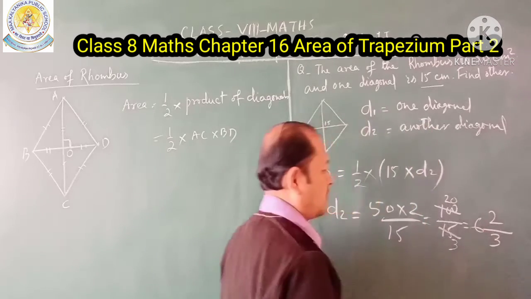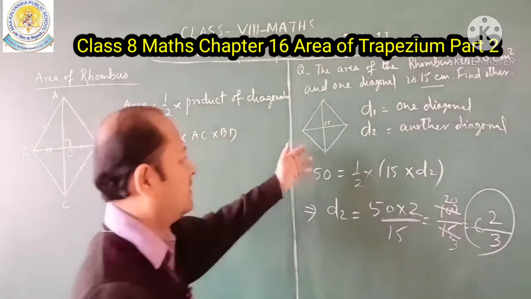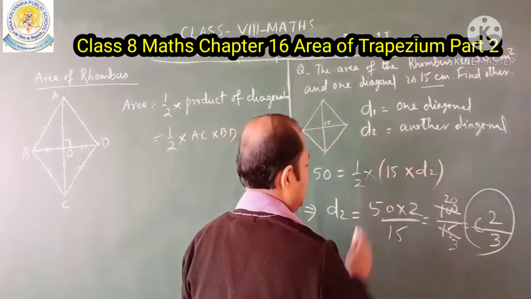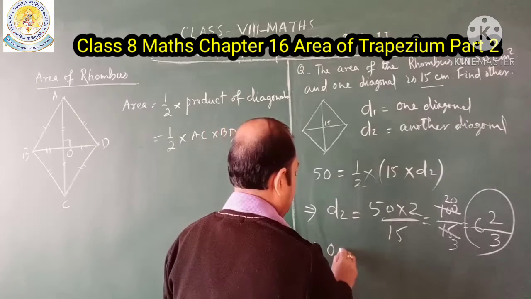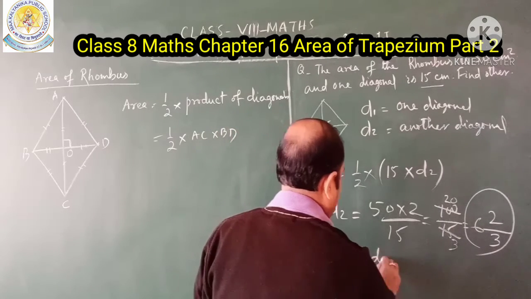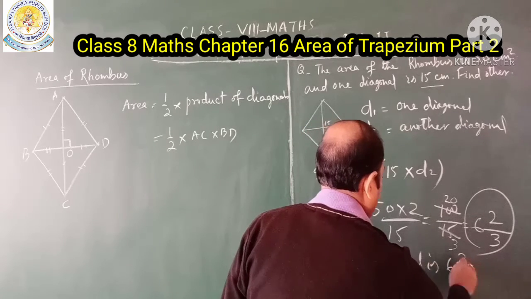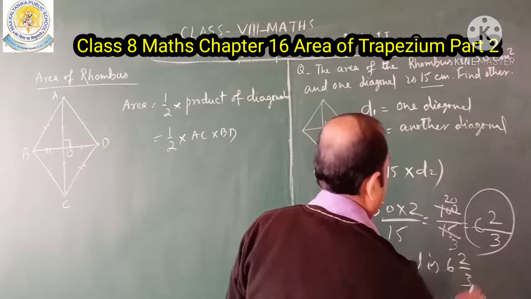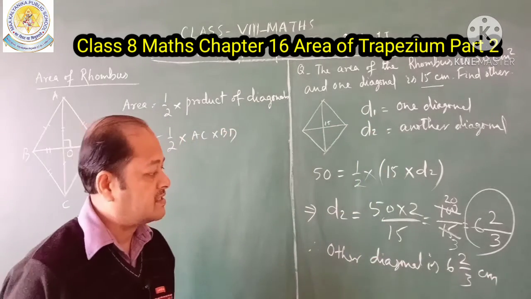So 6 whole 2 upon 3 is the length of the other diagonal. Therefore, the other diagonal is 6 whole 2 by 3 centimeter. The unit is centimeter, so I am writing centimeter here.